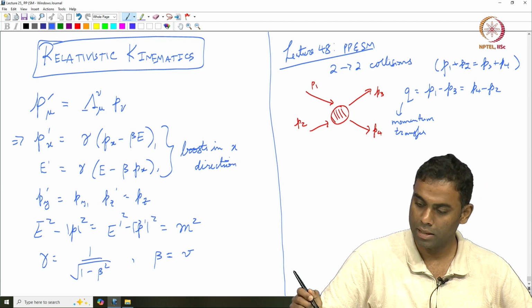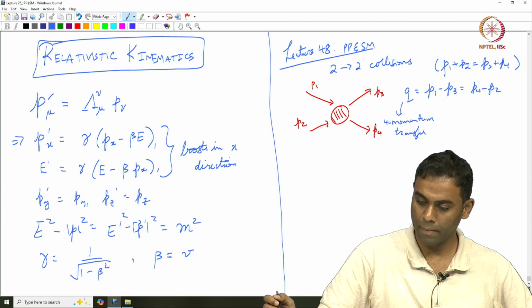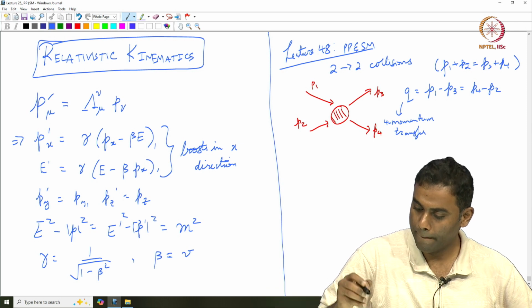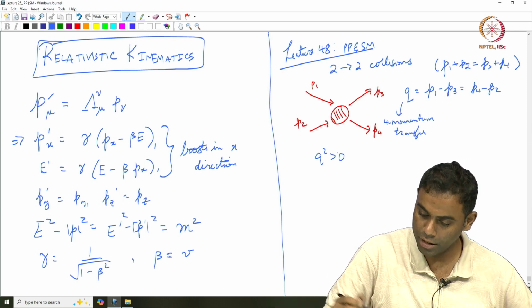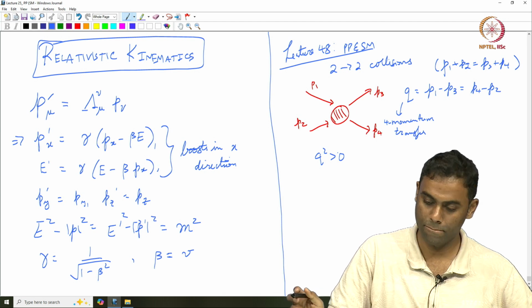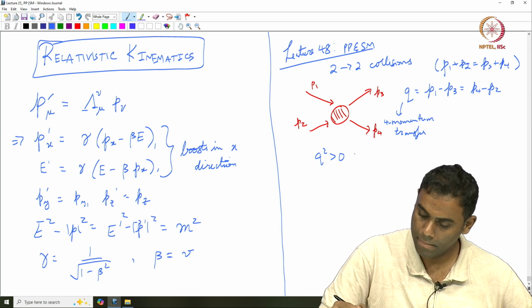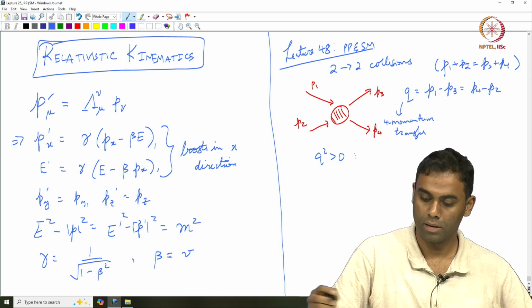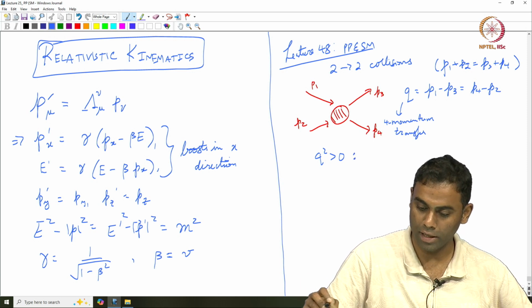So let me write 4 momentum transfer so that it is clear, and if I have Q square larger than 0, is this a reasonable thing to happen? Could scattering actually happen this way?